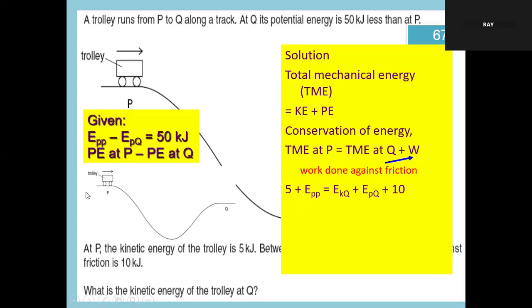We are told this is moving, 5 kilojoule, 5 plus, right? There's a kinetic energy, there's a potential energy at P. Then at Q, there's work done against friction. And then take this one across, which is this one. Then this one is what you want to find. Okay, can or not? Anything not clear? Can. Yeah.